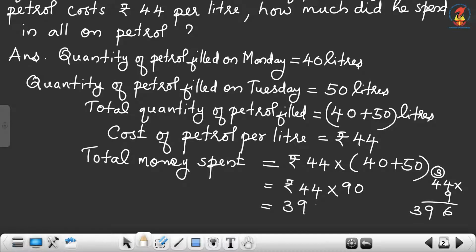So, 3960. We have to put the 0 at the end. So, the money spent is equal to rupees 3960.